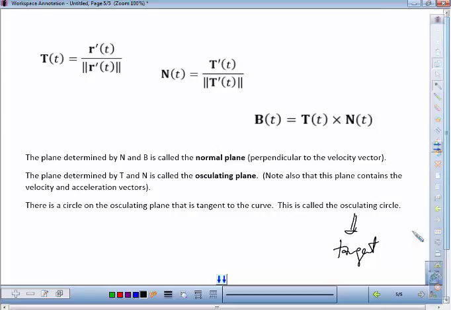Yeah. The tangent circle is actually very relevant to things like graphic design. But I wanted to ask if there is a tangent sphere. Is that technically possible? It's technically possible, but it wouldn't apply to curves. But if we start doing surfaces, you can think about a tangent sphere.